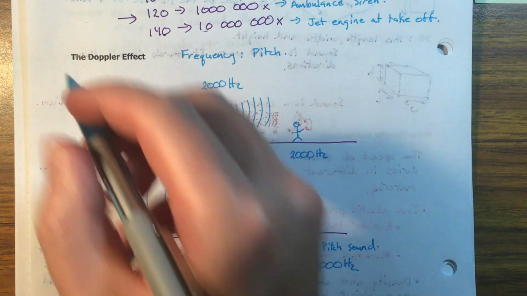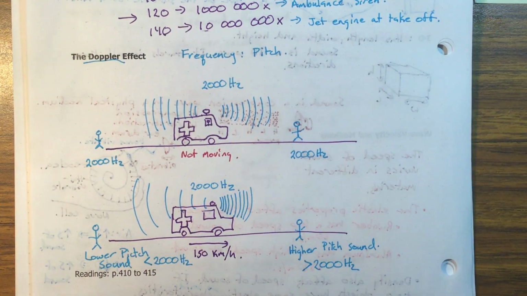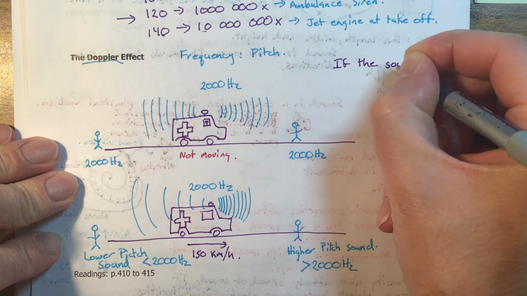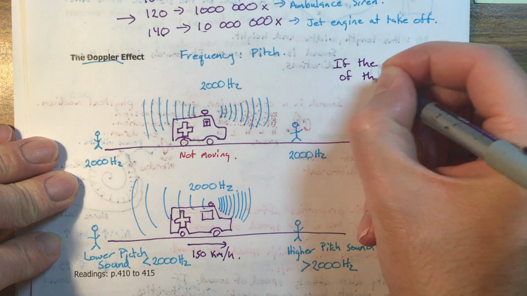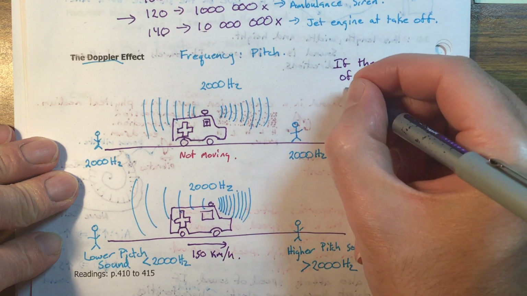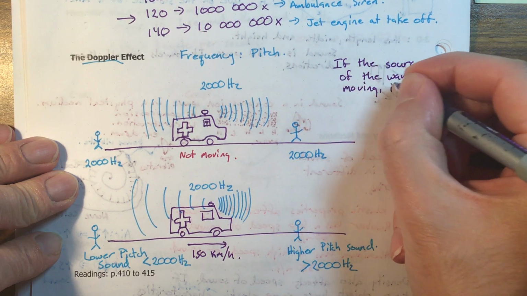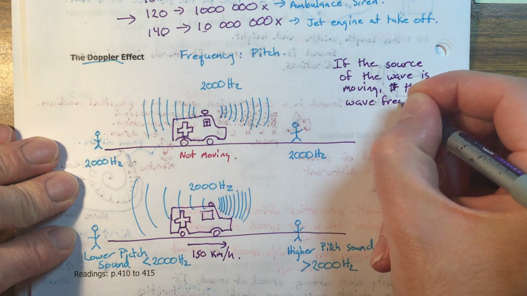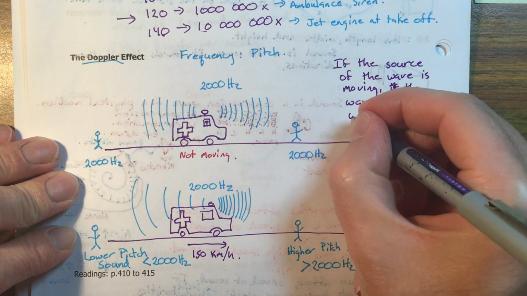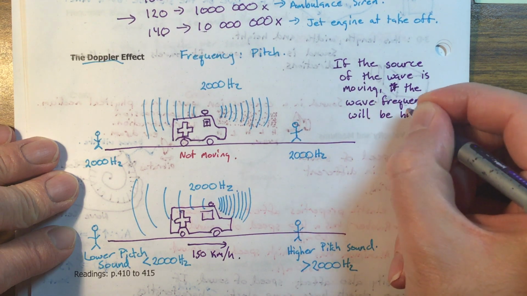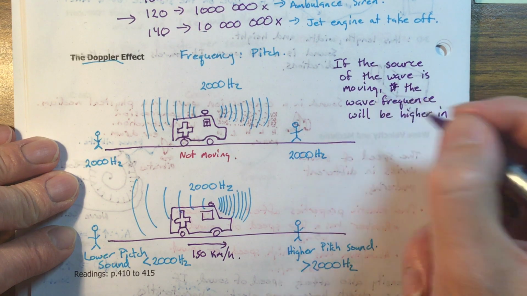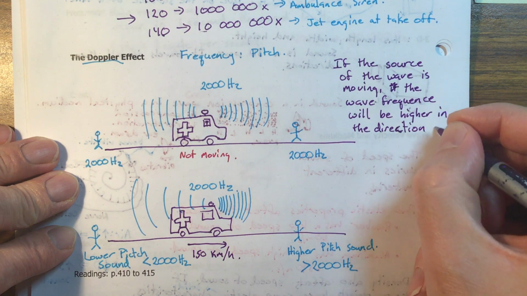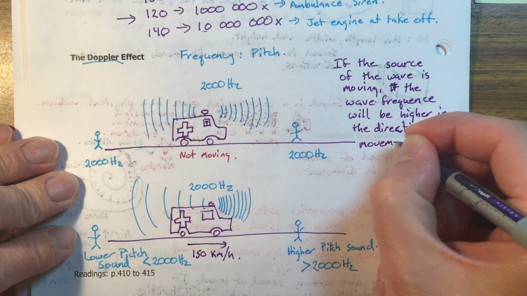So this is called the Doppler effect. The Doppler effect states that if the source of the wave is moving, the wave frequency will be higher in the direction of movement, right?